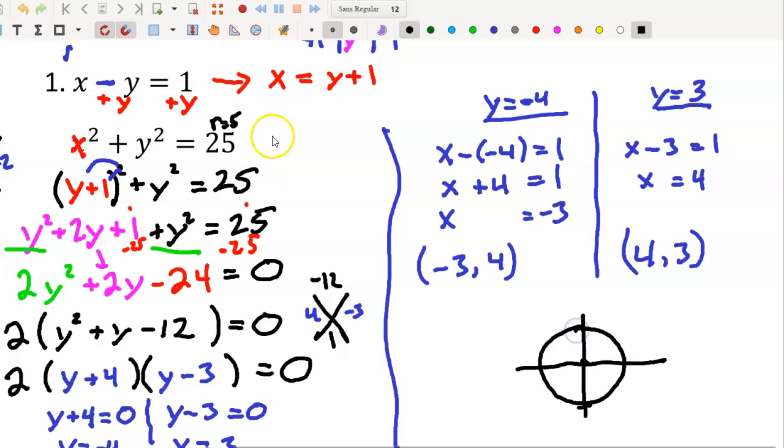And our answer says the straight line, this equation, is going to intersect at -3, 4. That's up here. And 4, 3, that's up here. Does that look right?